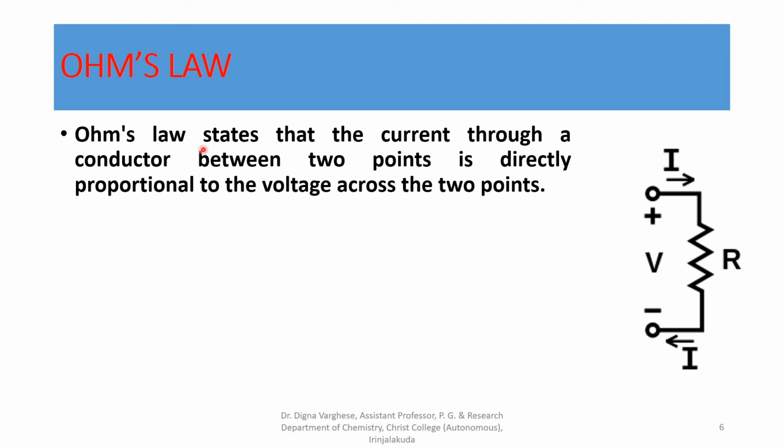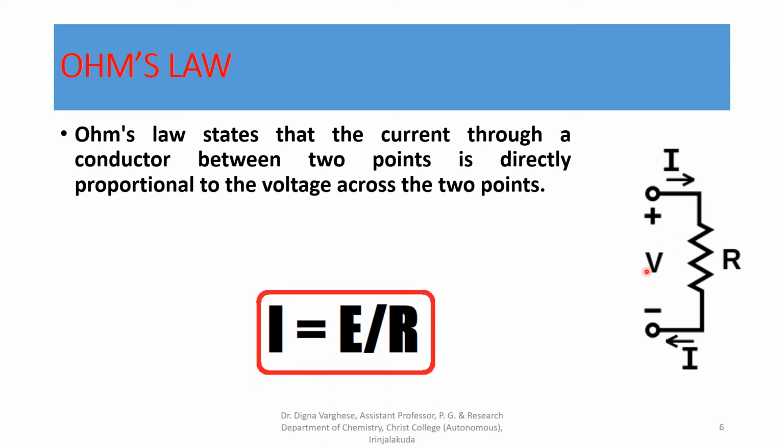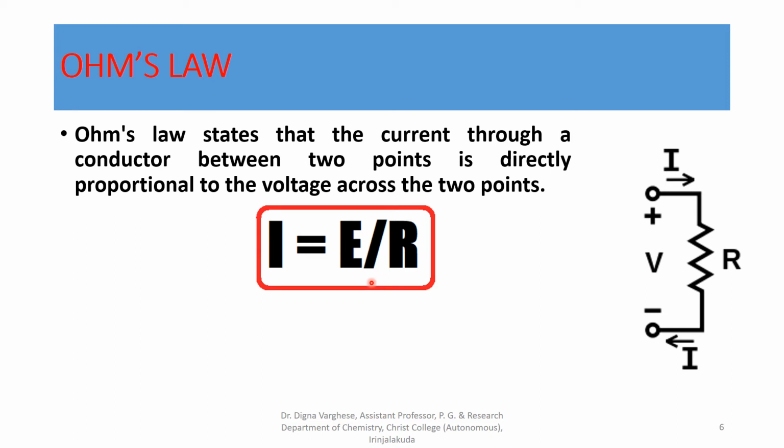Ohm's law states that the current through a conductor between 2 points is directly proportional to the voltage across the 2 points. That means I is equal to E by R. So Ohm's law is expressed mathematically in this way: I is equal to E by R. The current through a conductor between the 2 points is directly proportional to voltage.